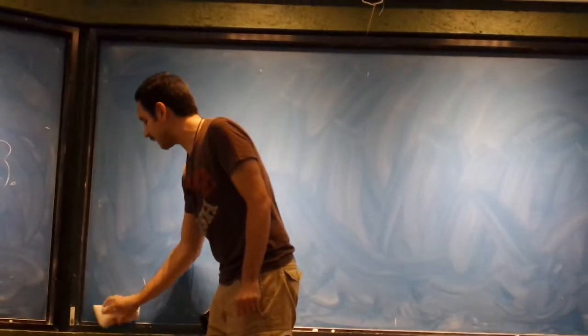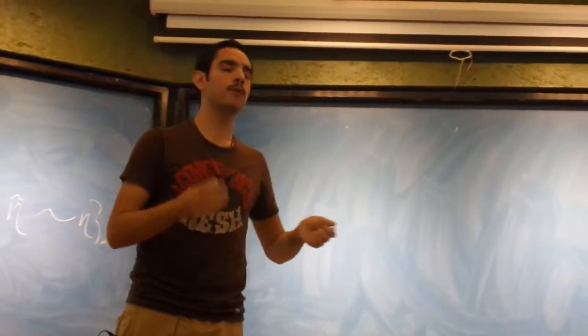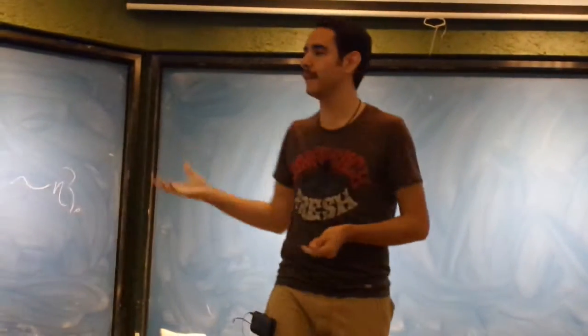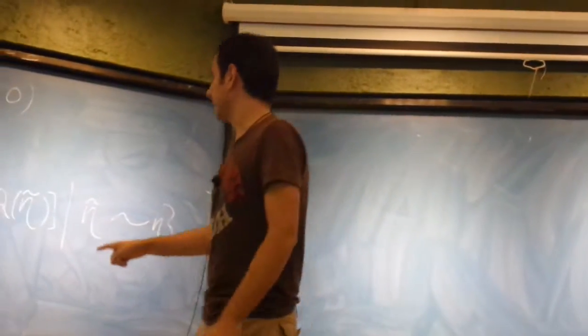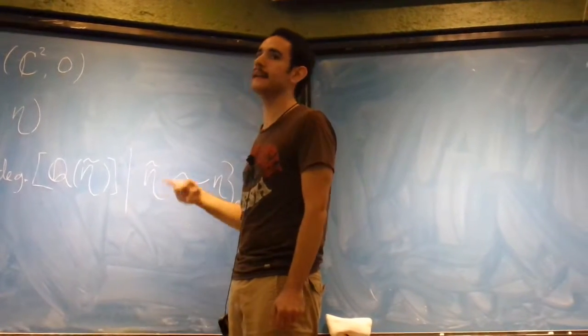Okay, so maybe at this point I should say something to help people who are not very familiar with these topics to understand better. So I have an equivalence relation here, right? Which is analytic equivalence relation.